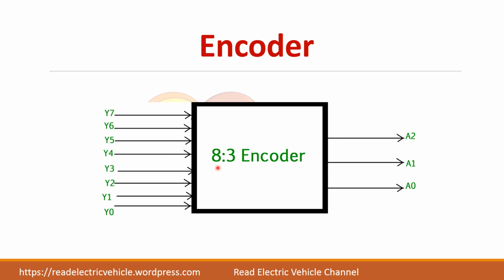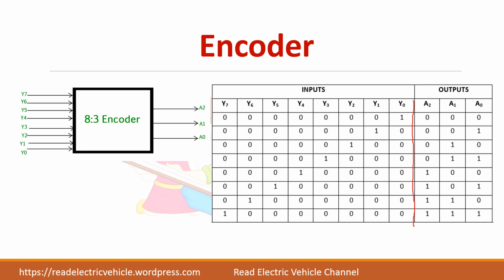Now we will see what that 8 cross 3 encoder is. Same thing, only one input will be active at any time, and corresponding to that input a 3-bit code will be enabled here. So this is the input, and this is the output.